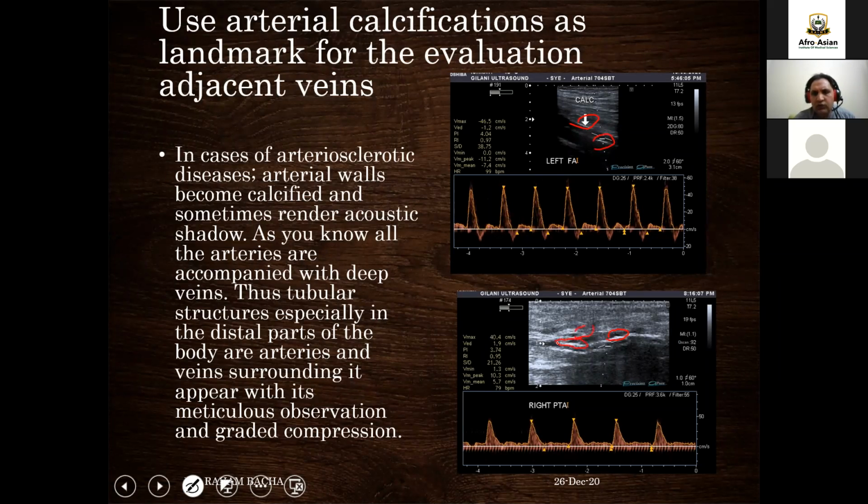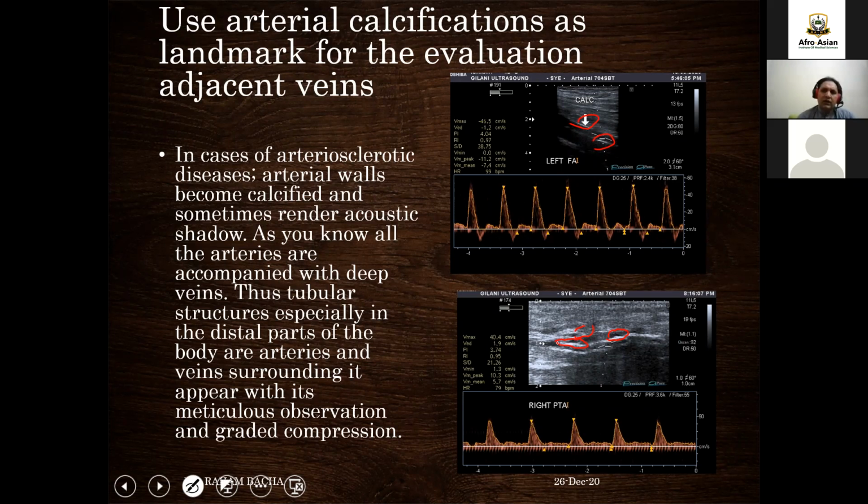And due to that echogenic appearance of the arteries in the distal part of the body, for example the posterior tibial artery, peroneal artery, and anterior tibial artery, with the help of that calcification we'll be able to localize these arteries, and then look for the adjacent veins, because every artery will be accompanied by 2 to 7 deep veins.